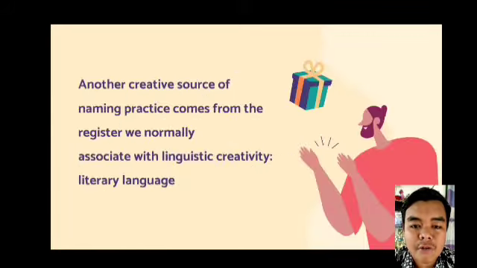Another creativity source of naming practice comes from the register we normally associate with linguistic creativity, literally language. The bards and poets join with Milton and Shakespeare's sister to give us many books, characters and chapters, and verse, much culture and drama. Pop emphasizes noise, science fiction, and symbol.